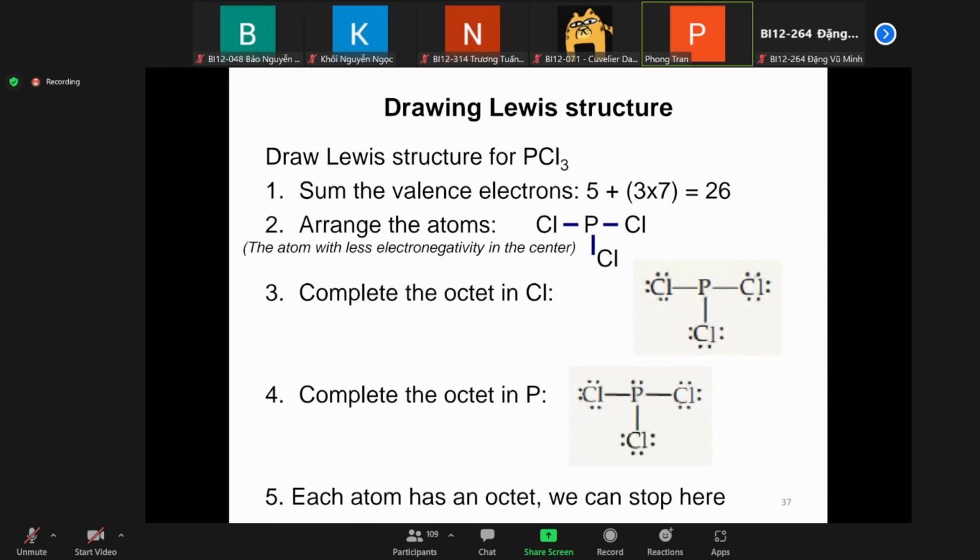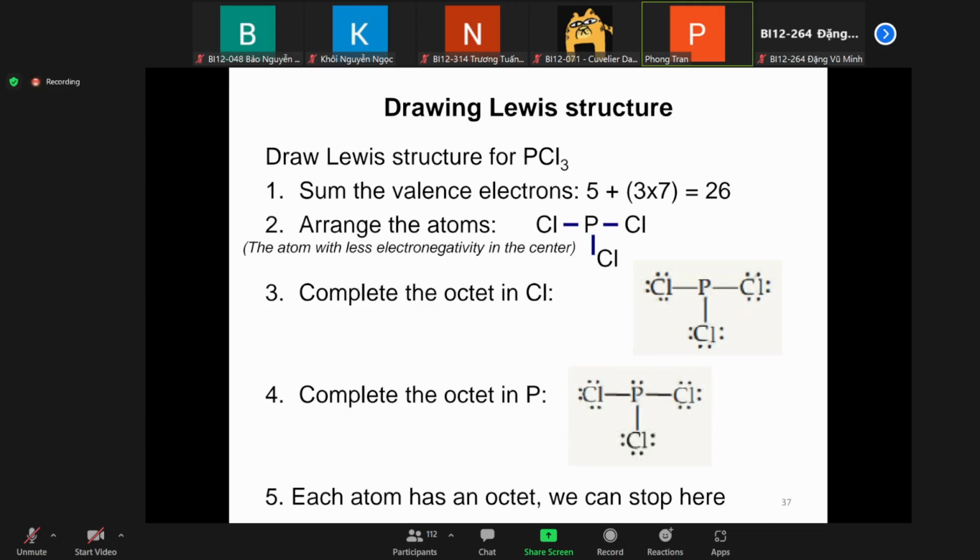So with the 5 rules, let's make the Lewis structure of the molecule PCl3. First, you do the sum of the valence electrons. Phosphorus is in column 5A, so you have 5 valence electrons.